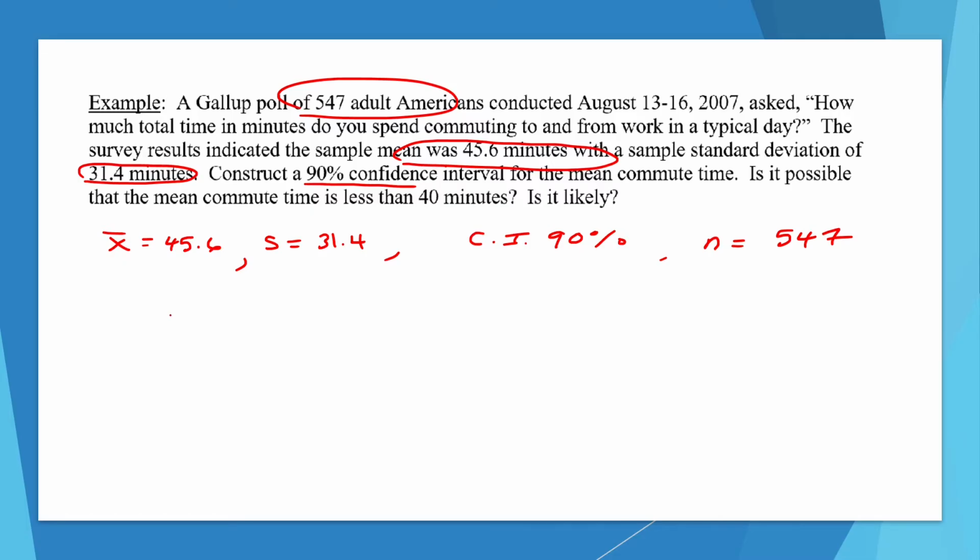We have the lower limit is 43.39 and we have the upper limit is 47.81. Now we can make our conclusion.